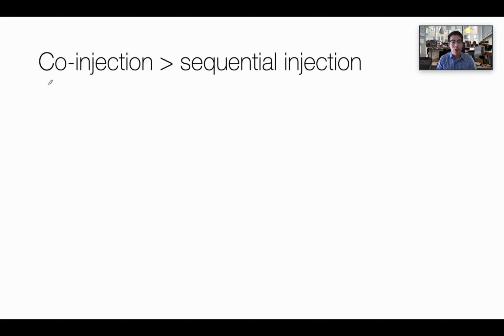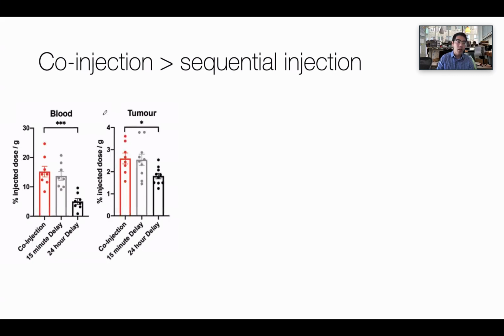And what we found was that no matter what we did, the co-injection proved to be better than the sequential injections of the RES blockade. Right. So we looked at the blood 24 hours after injection. And what we found was that there were more nanoparticles left in the blood if we gave a co-injection versus if we had a short delay of 15 minutes or a long delay of 24 hours. Right. And as you increase that delay time, the amount that's left in the blood decreases. And same thing in the tumor.